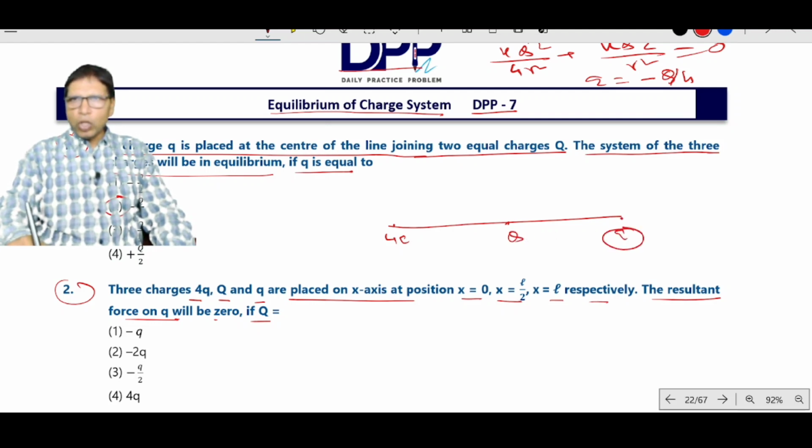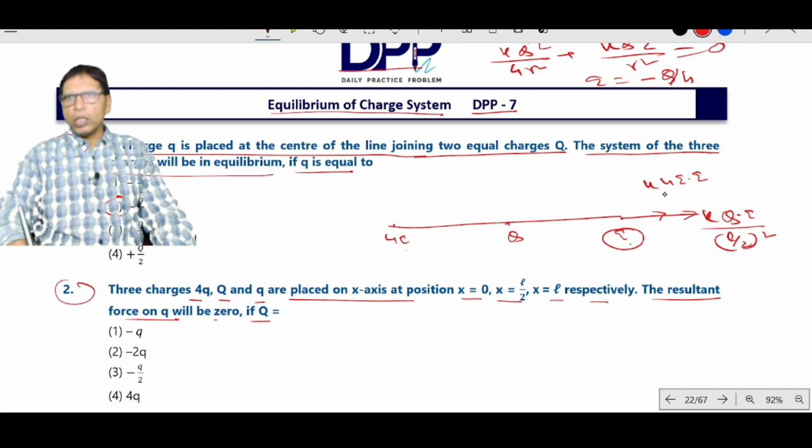Now net force on small q is 0. Look at this, the repulsive force by capital Q on small q equals K Q q divided by (L by 2) whole square. Now the repulsive force on small q due to the 4q charge is K into 4q into small q divided by L square.